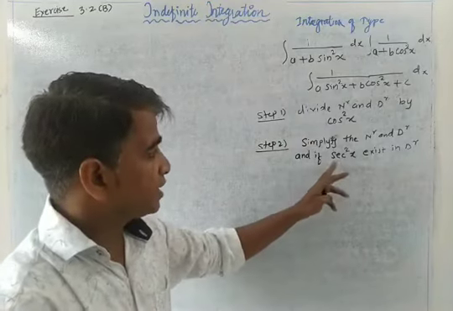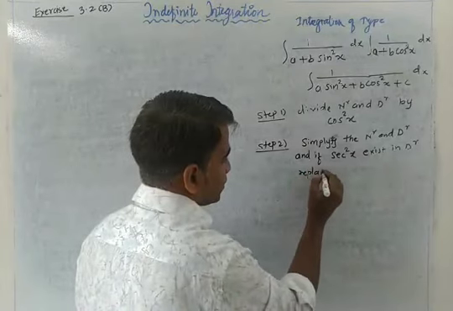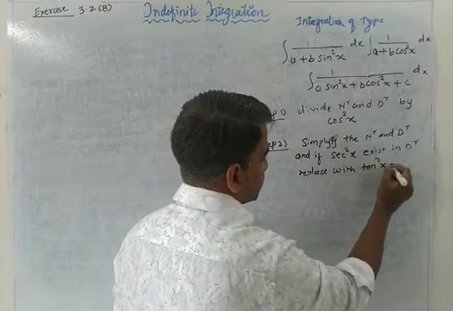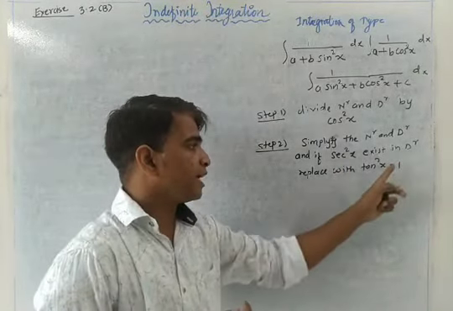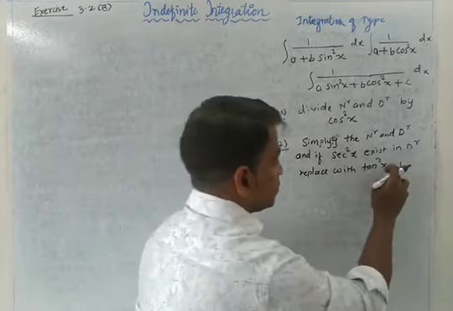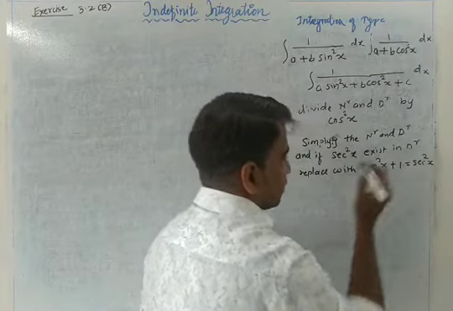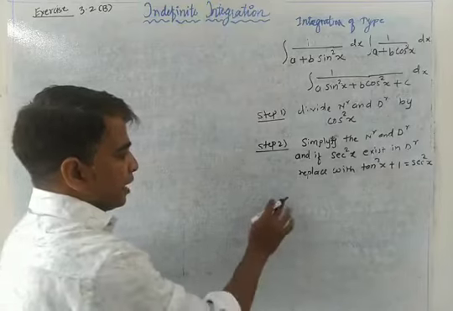But if it exists in the denominator, replace it with tan square x plus 1, since tan square x plus 1 is equal to sec square x. Get that?